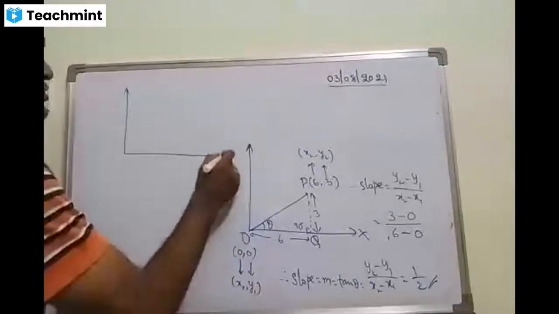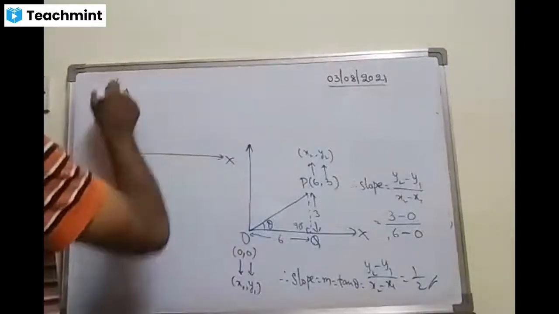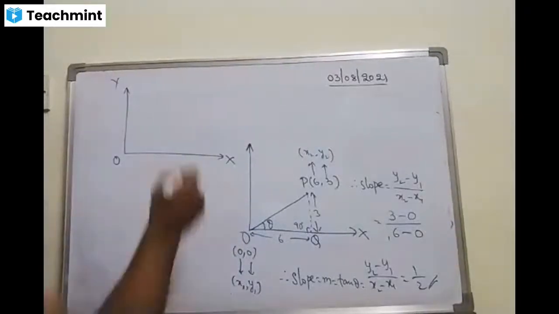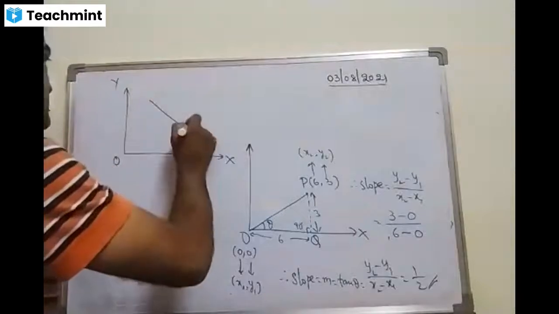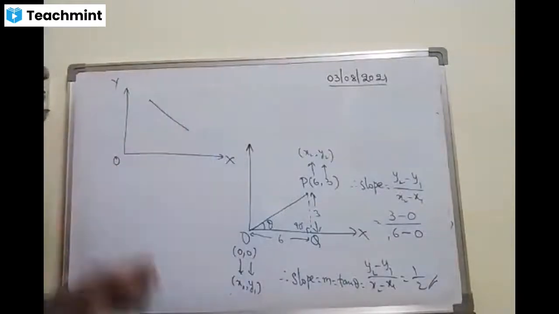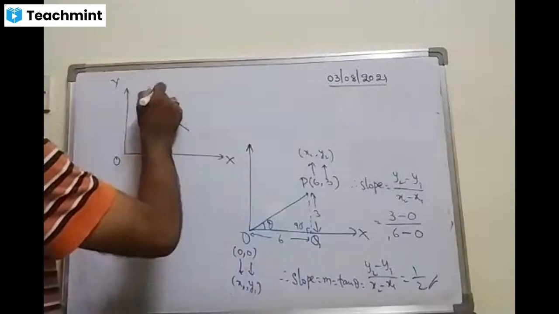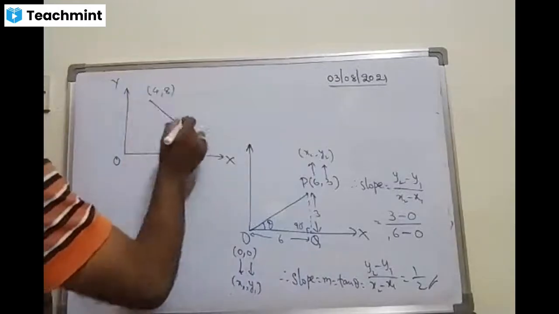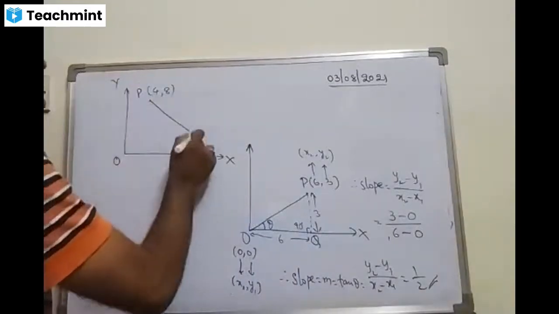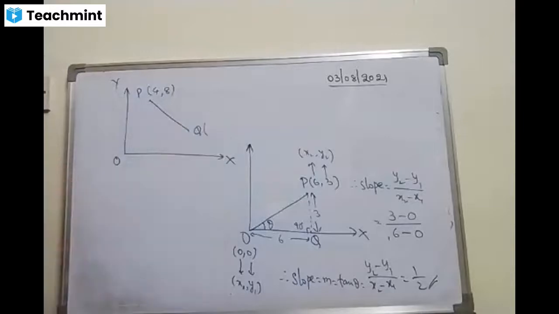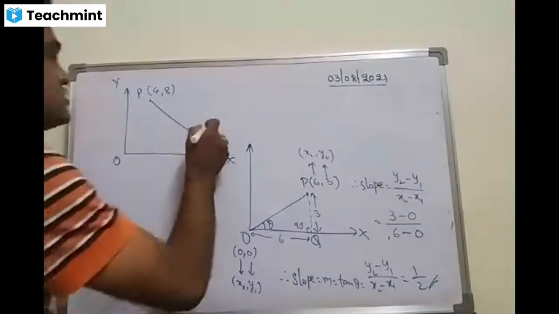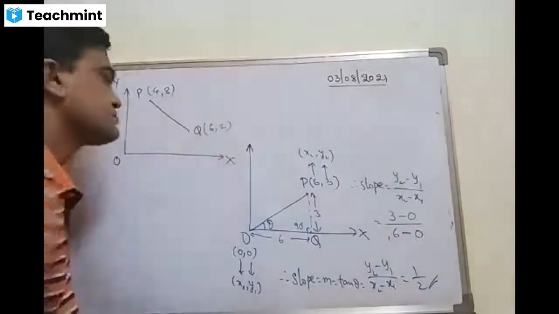Let me put X, origin, Y, and I have a line in this way. Let me put the coordinates here. Let me put 4, 8, and let me take this as P. And Q, I will take the coordinates as, let's say, 6, 2.